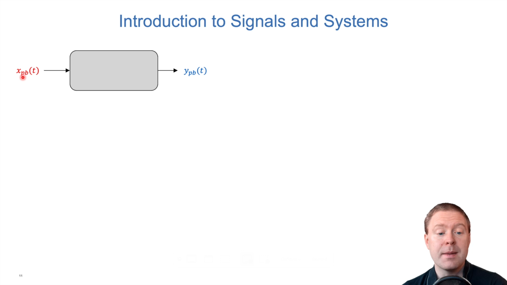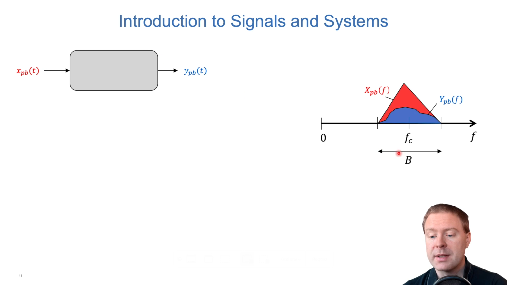I have PP, for passband, as the subscripts here, because I'm considering signals that are centered around some carrier frequency, f_c, and have a bandwidth B. The transmitted signal X has a particular shape, and the received signal is confined to the same part of the frequency domain, but it will be attenuated because of the wireless channel, and we will typically also have a different shape due to behaviors over the communication channel.